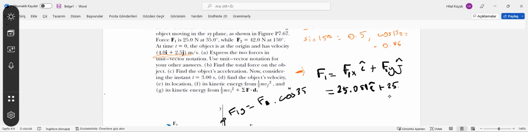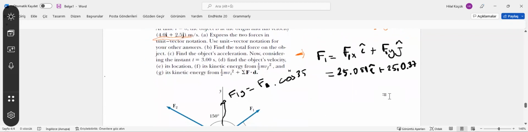Maybe I can check it. Yes. So finally, your F1 will be 20.5 i plus 14.3 j Newton.